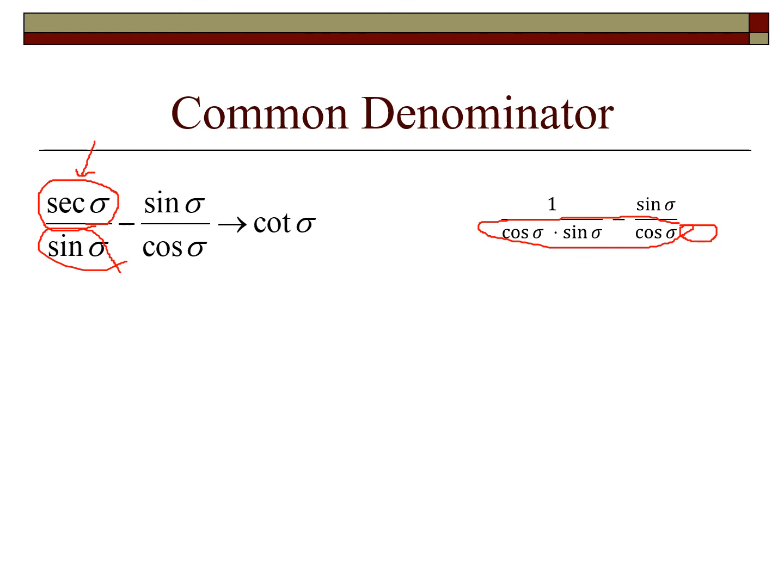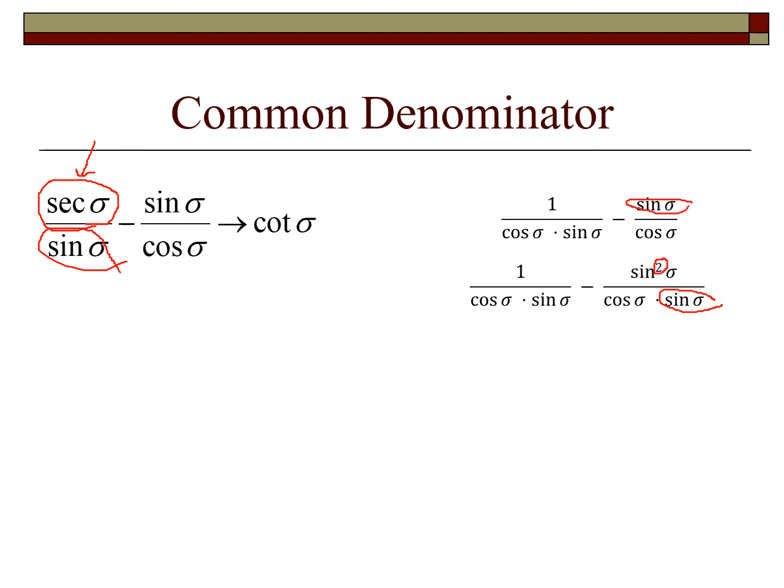And so you can put a sine there, but remember, if you put a sine there on the bottom, you have to put another sine on top to make it still equivalent. So let's go ahead and put the sines there. Notice that now we have a sine, but then on top it's a sine squared because there was already a sine.